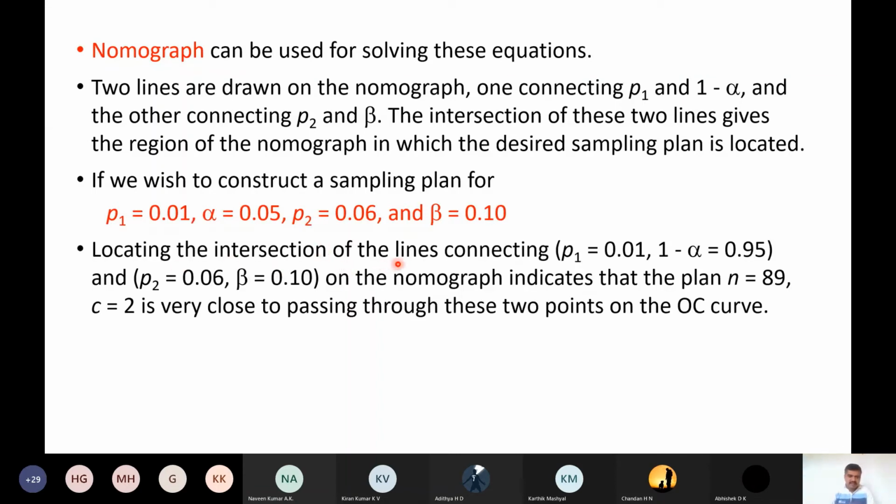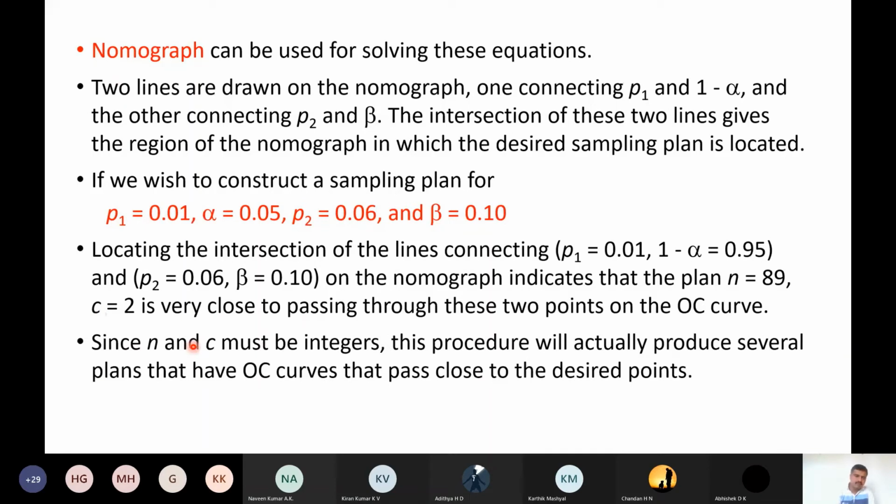Locating the intersection of the lines connecting P1 is 0.01 and 1 minus alpha, and P2 and beta, the nomograph indicates that the plan n is equal to 80, c is very close to passing through these two points on the OC curve. Using the nomograph, you will get n is equal to 89 and c is equal to 2.